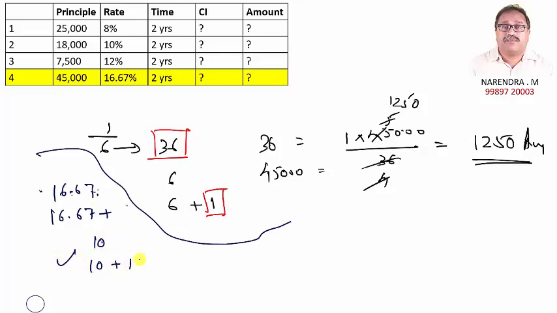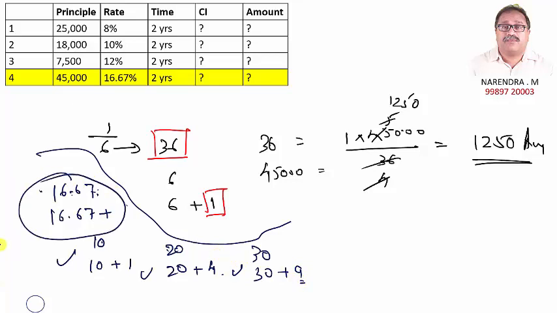It was easy to calculate 20% first year, second year 20%, and 20% of 20%, which is 4. 30% first year, second year also 30% plus 30% of 30%, which is 9%. It is easy. But this calculation is very complicated. So universally, if you want to follow any method, prefer the fraction method. So my answer in this question is 1250.